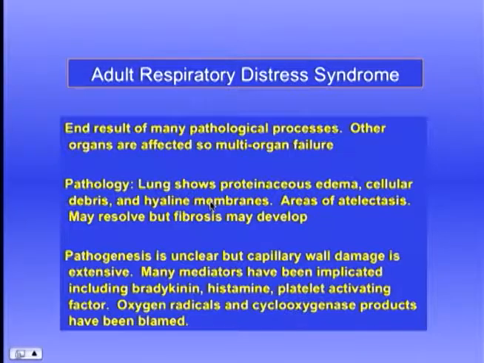Areas of atelectasis can be seen in the lung, and sometimes these will resolve eventually, but sometimes the patient is left with fibrosis. The pathogenesis is unclear, but the capillary wall damage is extensive. There's no doubt about that. Exactly why that occurs is still being worked on.